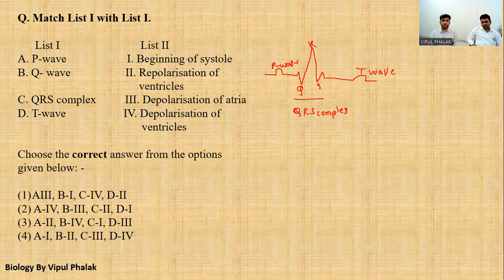So P wave represents the depolarization of atria, which is third. Q wave represents the beginning of systole, which is first. The QRS complex represents the depolarization of ventricles, so fourth, and T wave represents repolarization of ventricles, second. So option first is correct.